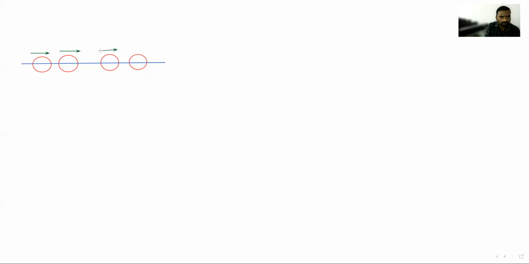And this is body one, and this is body two, moving after impact. Body one is moving with velocity u1, body two with velocity u2, and after impact v1 and v2.